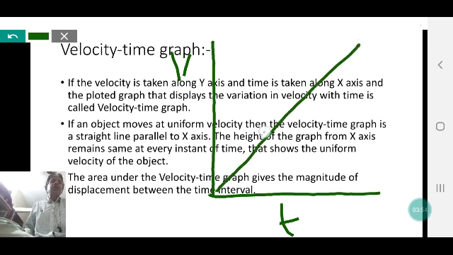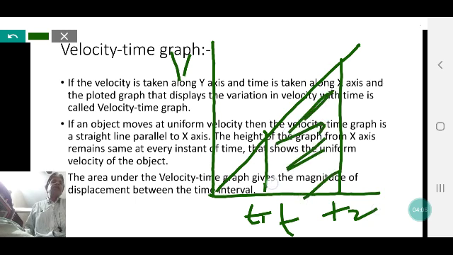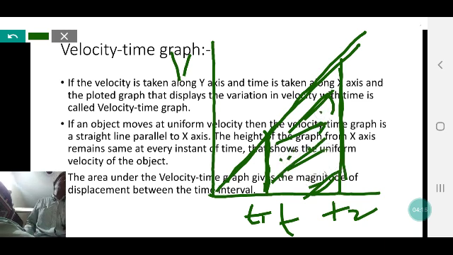Now, the area under the velocity time graph from T1 to T2 shows the magnitude of displacement of the object moving with uniformly accelerated motion, and this area shows the magnitude of displacement, that is the distance, if the object is moving in a positive direction in a straight line. This will be discussed in this video.